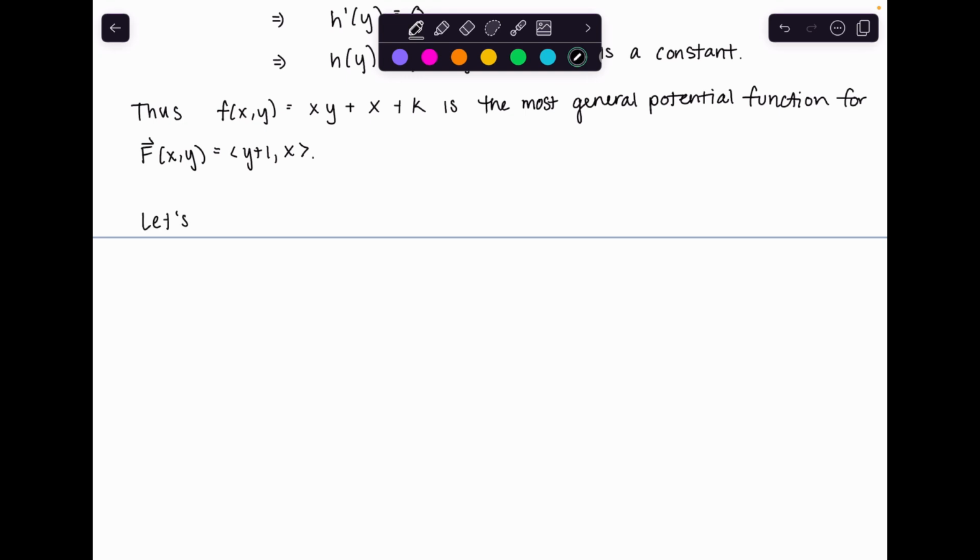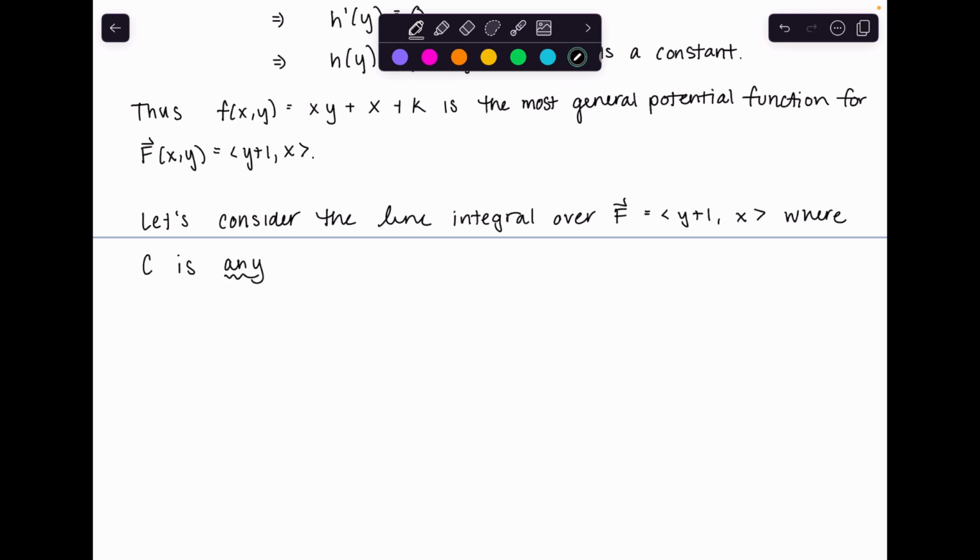So let's consider the line integral over F, which is y plus 1, x, where C is any piecewise smooth curve from 0, 0 to 0, 1.